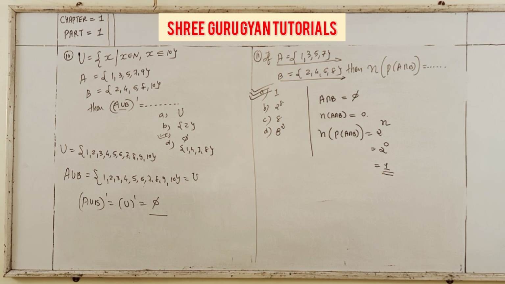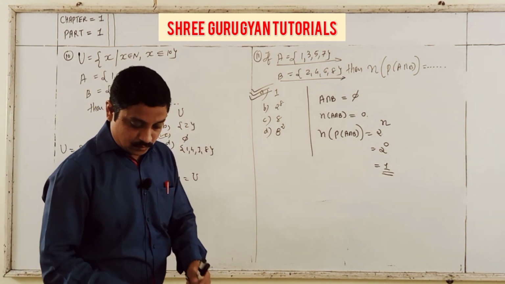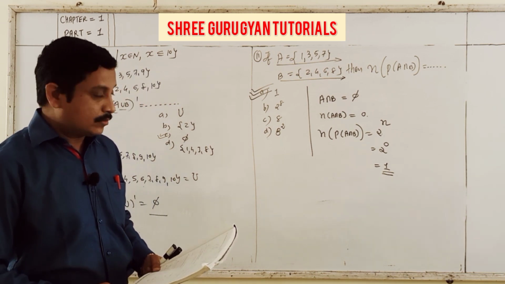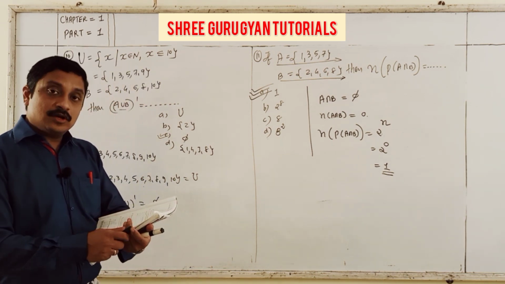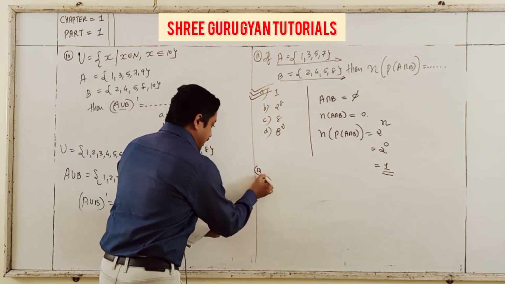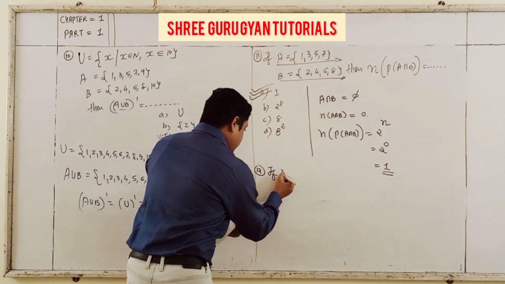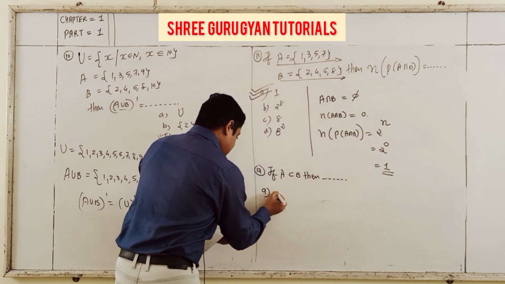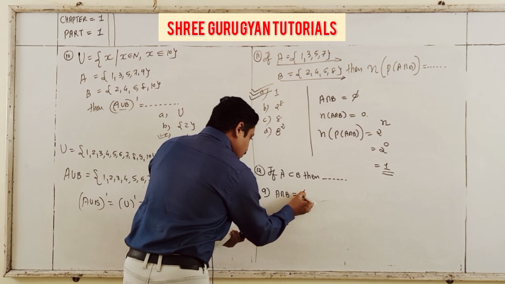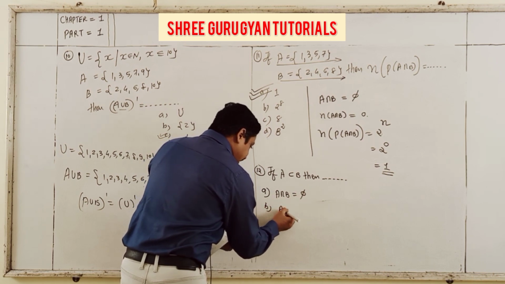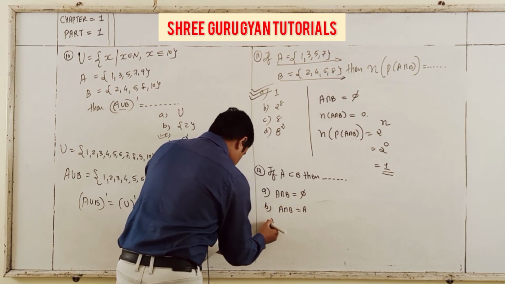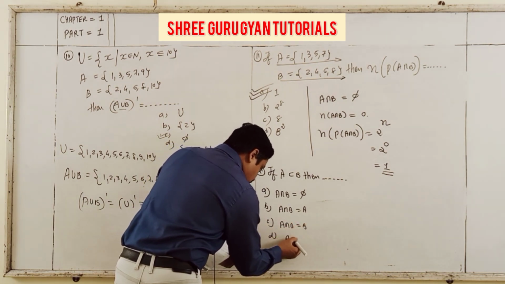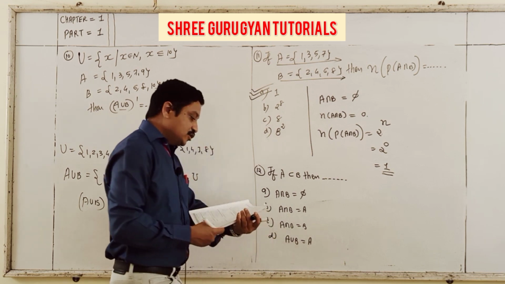Okay students, now continue. One more question, the last question I am taking here, 12. If A is a subset of B, then dash dash dash. This also, option-wise, I declare my answer. And D is A union B is equal to A. Students, which option is true here?